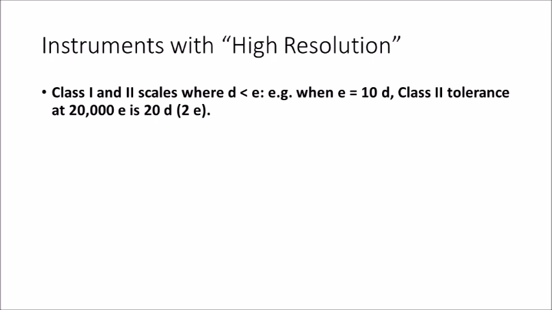The first example are the class 1 and 2 scales with a differentiated D. For example, where E equals 10D. The class 2 tolerance at 20,000 E for one of these instruments can be expressed as 20 scale divisions, 2E, 20D. But there are other high-resolution instruments that we need to consider.